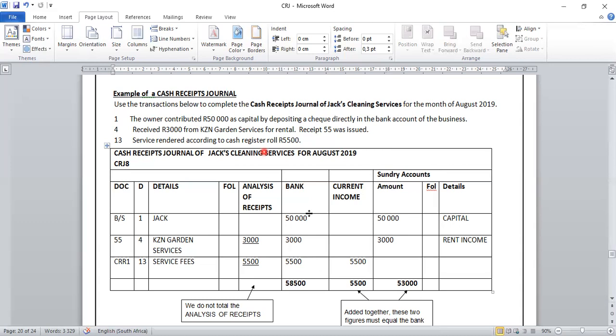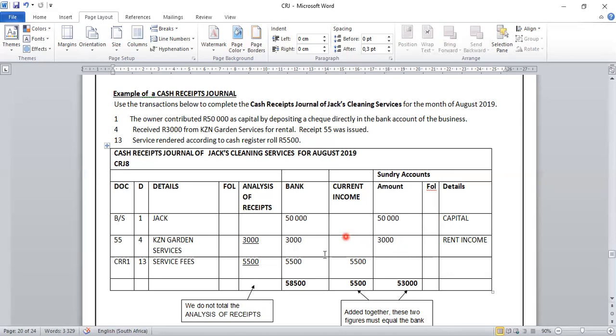Since we have a column for service fees, which is our current income column, the 5,500 will be allocated to our current income column. Learners, very important: if you fill in the current income column, there's no need to fill in the sundry accounts column, and vice versa. As you can see in the first two transactions, if you fill in your sundry accounts column, there's no need to fill in your current income column.